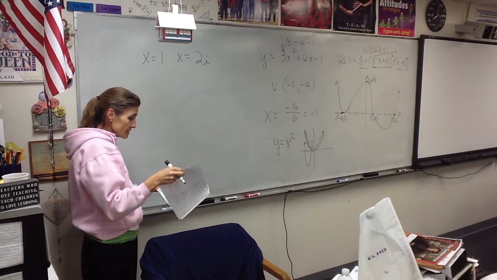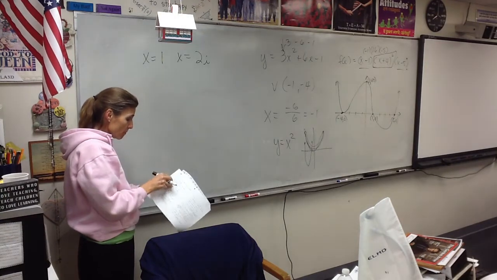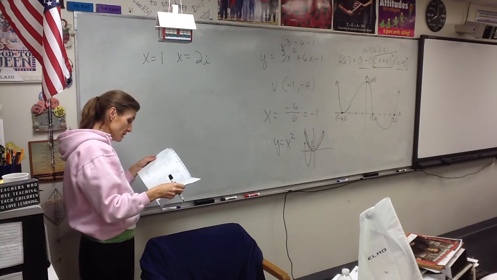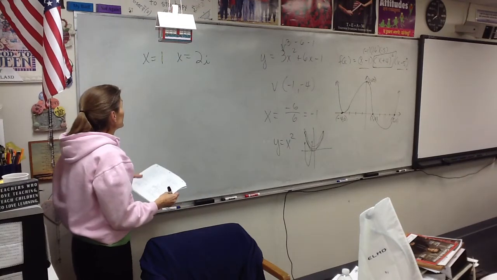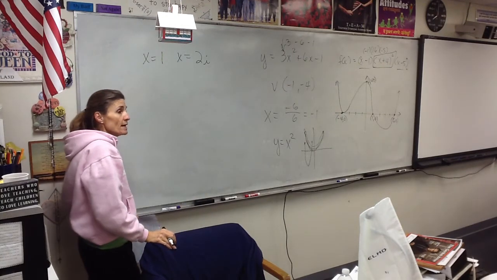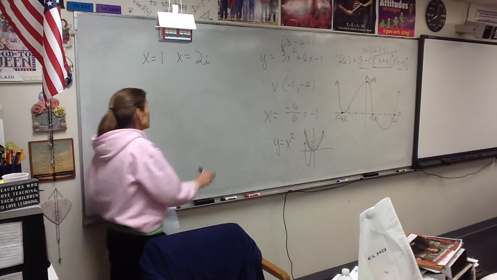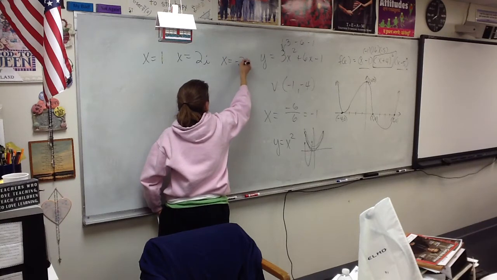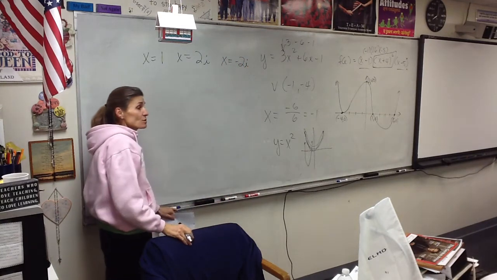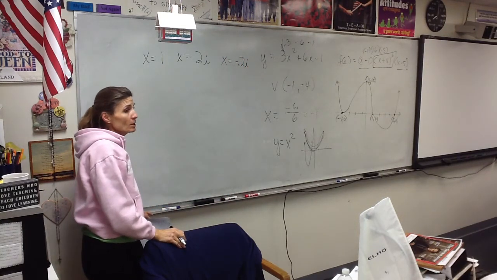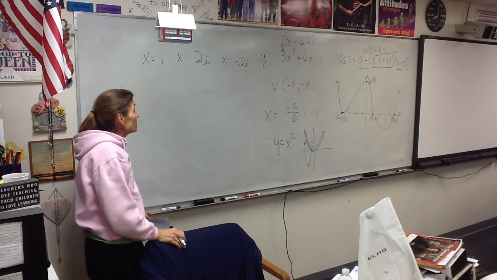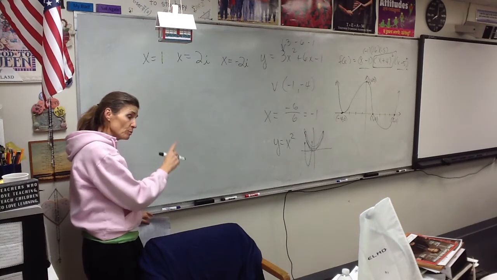Okay, now kids, this is trouble, because you need to remember something important. If the roots are 1 and 2i, there's another root. Negative 2i, very good. Complex roots, that is, roots with i's, never come alone. They always come with their conjugate. So we actually have 3 roots.